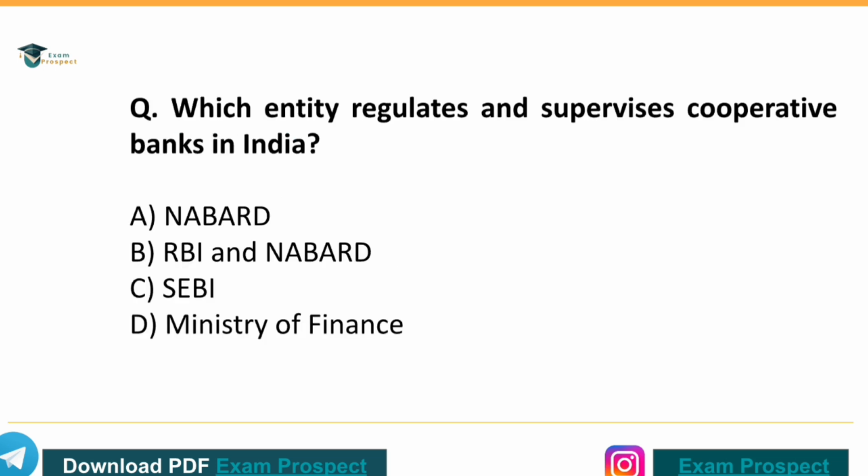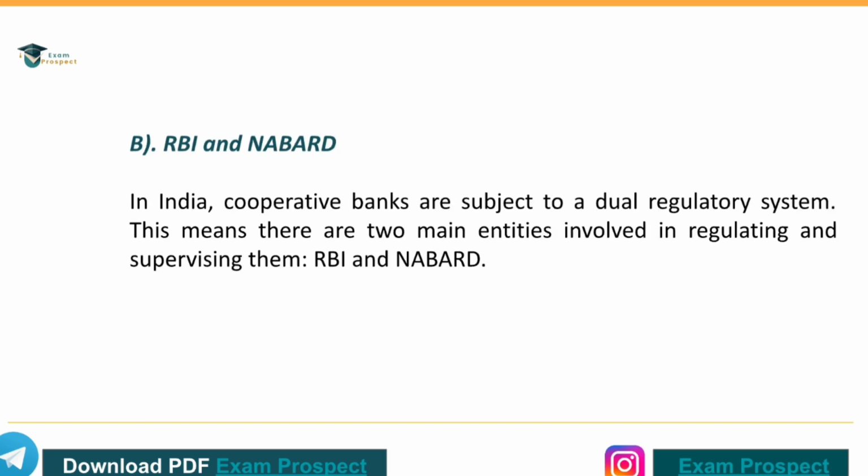Next question, which entity regulates and supervises cooperative banks in India? The correct answer is RBI and NABARD, option B. In India, cooperative banks are subject to a dual regulatory system. This means there are two main entities involved in regulating and supervising them, RBI and NABARD.